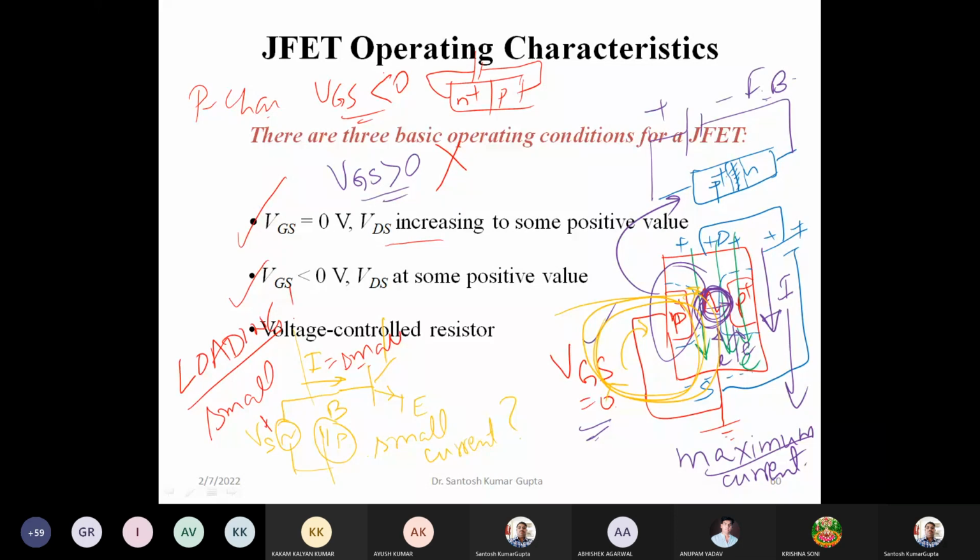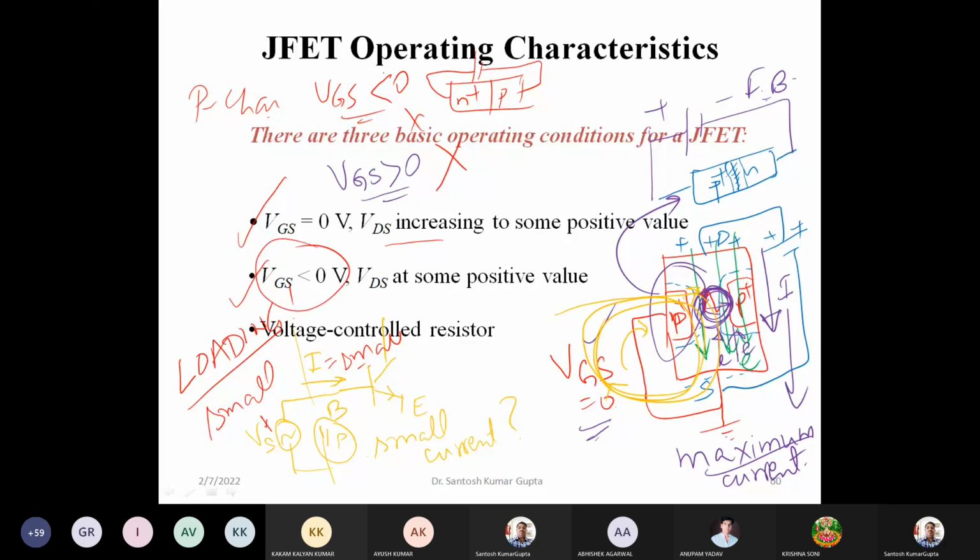We cannot apply a negative gate voltage there, just like for a P plus N junction. In this case, for the N channel, we cannot apply a positive gate voltage, so we can only apply VGS less than 0.